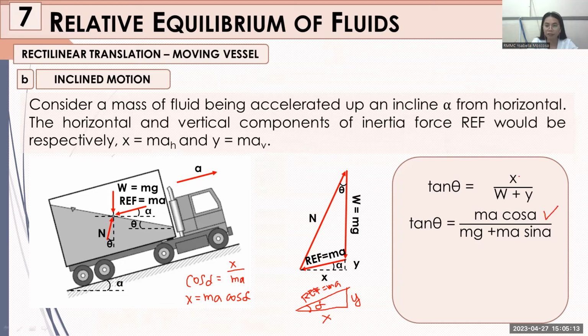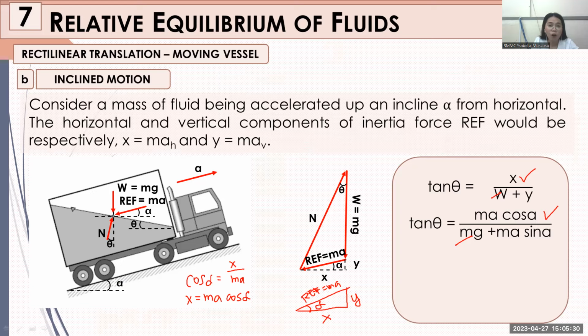Ito yun. Kasi yan yung value ng x ninyo. Weight or your W, alam naman natin yan, na that is mass times gravity. Kunin naman natin tong MA sine of theta kasi y daw yan. O, kunin naman natin. Ito naman yung na-triangle yung pagbabasihan.